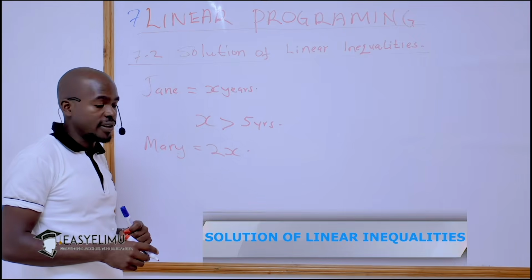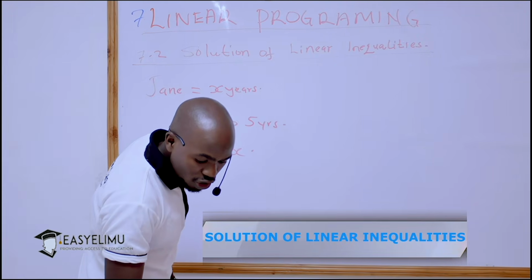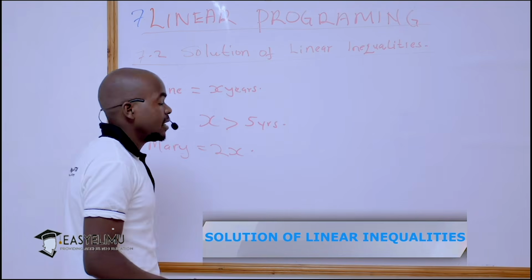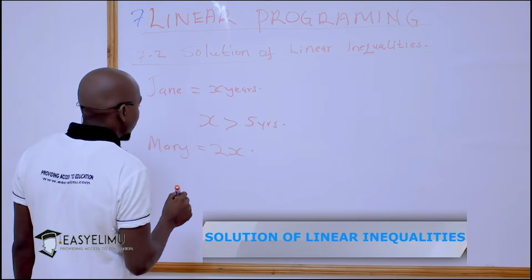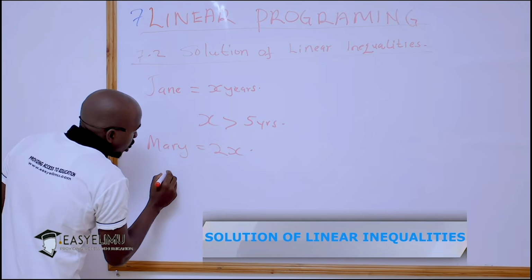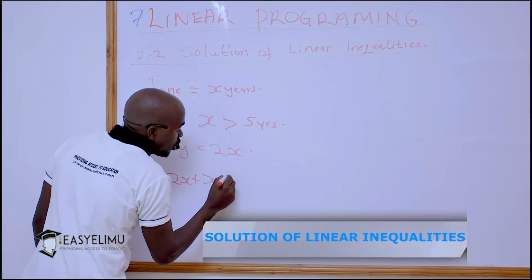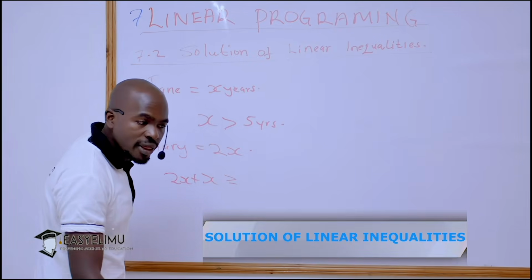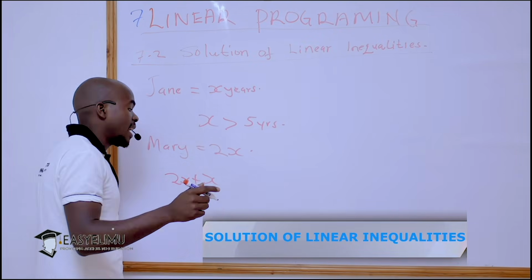But we have been told that the sum of their ages is not more than 30 years. If we take 2x plus x, it is not more than 30 years.